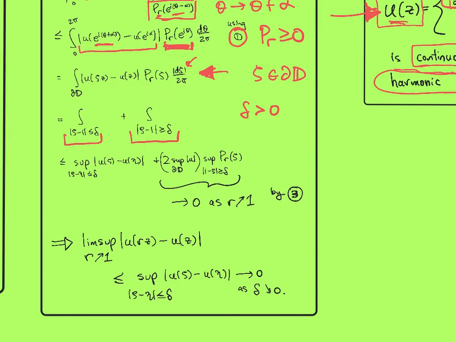But the first integral, when I have zeta close to 1, well, if zeta is close to 1, then zeta times z will be close to z. And so if you compare these numbers, z has modulus 1, so this distance is just the distance of zeta to 1.